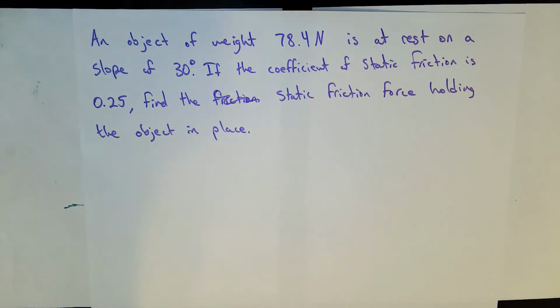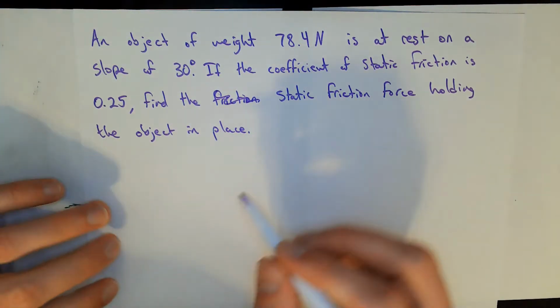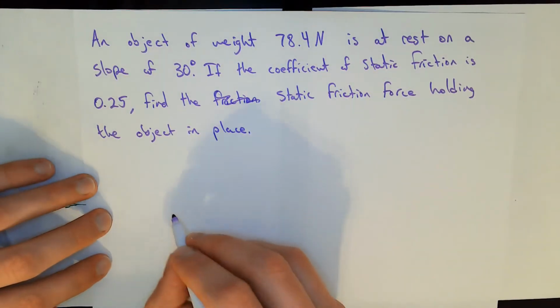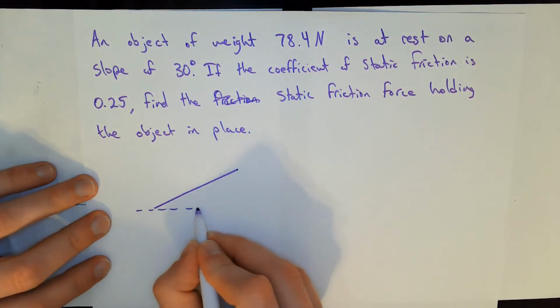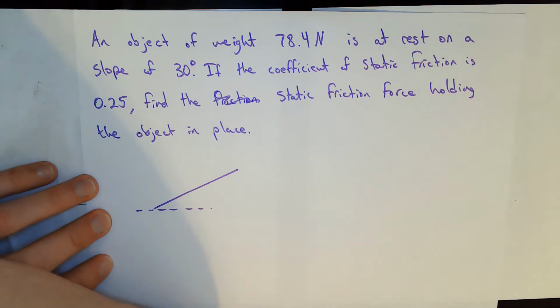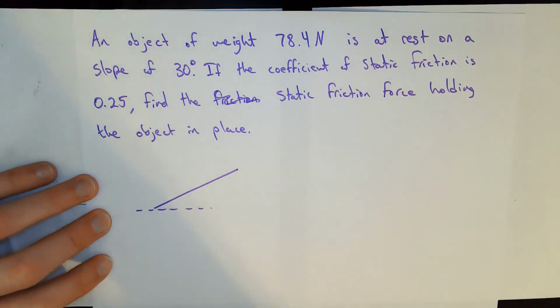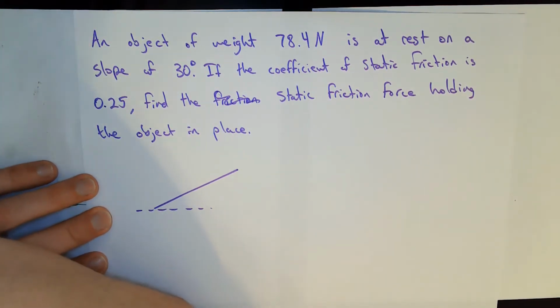All right, let's draw it first. So first thing to draw is that slope. Let's see, hang on, before I start drawing it like this, I'm looking at the slide after the table of coefficients of friction.